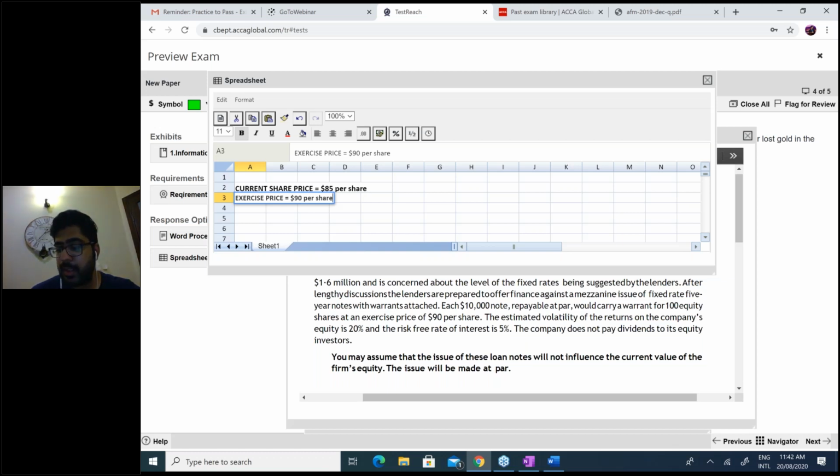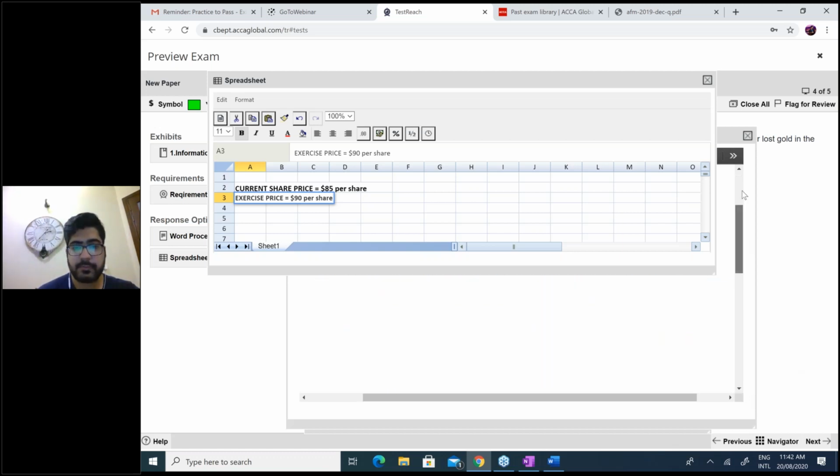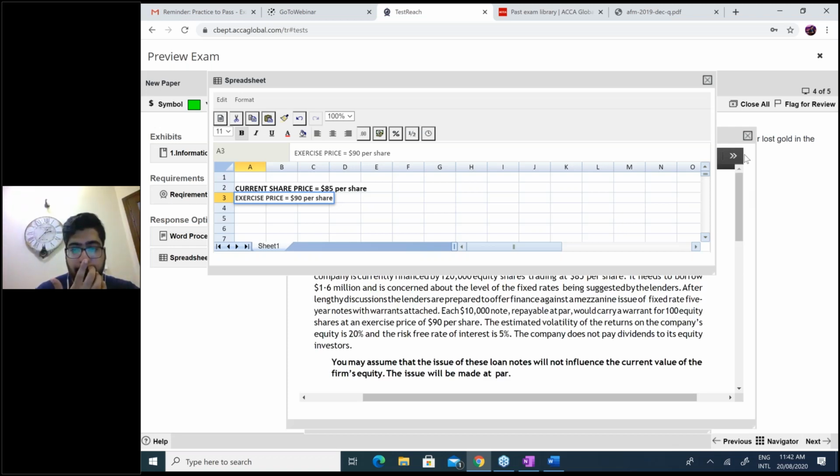And the company does not pay dividends to its equity investors. You may assume that the issue of these loan notes will not influence the current value of the firm's equity.